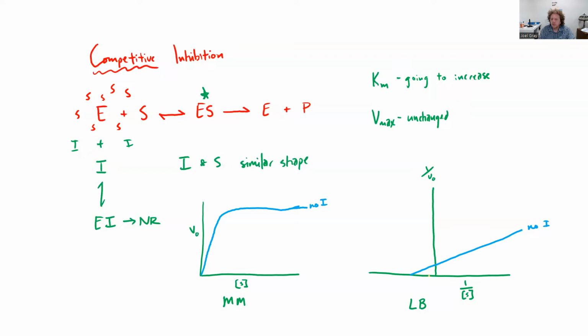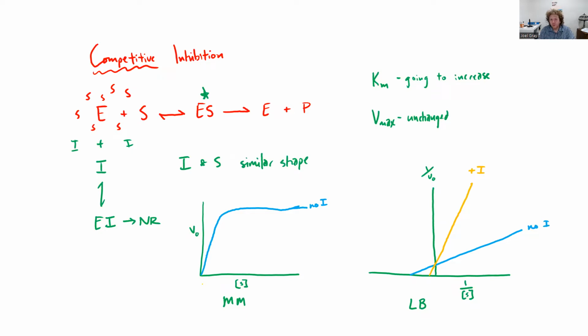So my plus inhibitor line is going to look like that. My slope is going to increase in a Lineweaver-Burk plot. So I'm going to have an intersection of my no inhibitor and plus inhibitor lines along my y-axis.